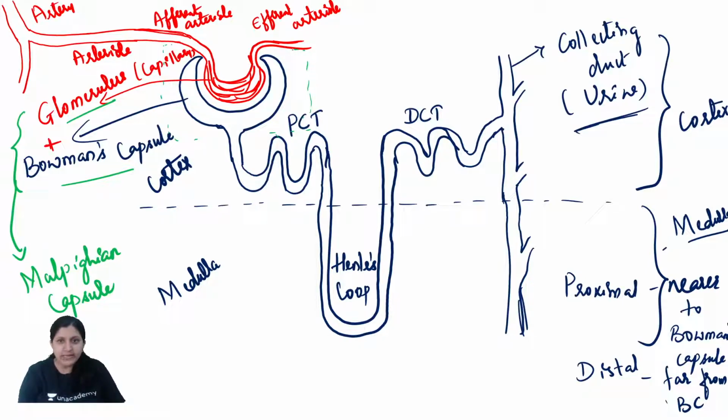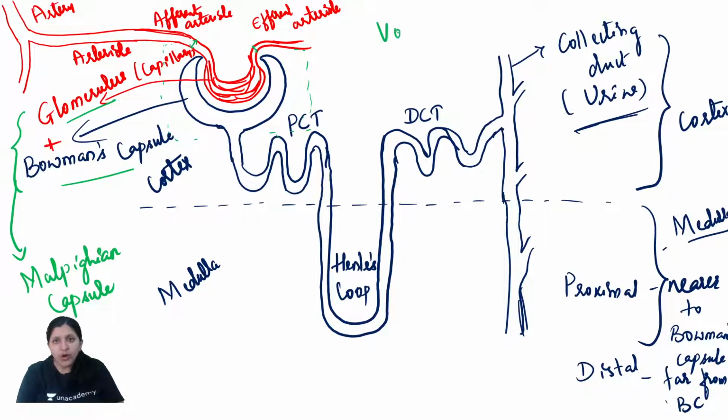Let's have a look at this now, and always make sure that while you are drawing, the diameter of this one is more as compared to the diameter of this one, because the diameter is decreased in the afferent arteriole, which means the volume is decreased. You know the law, right?